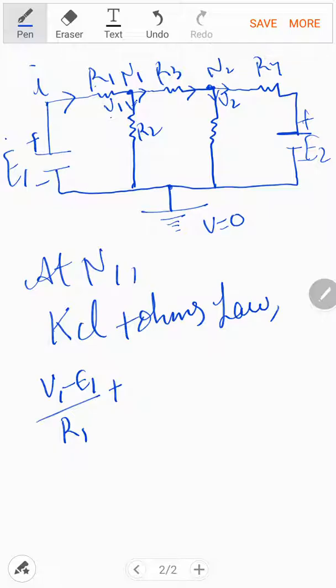So here we have V1 divided by R2, that is (V1 minus 0), where 0 is the ground voltage.